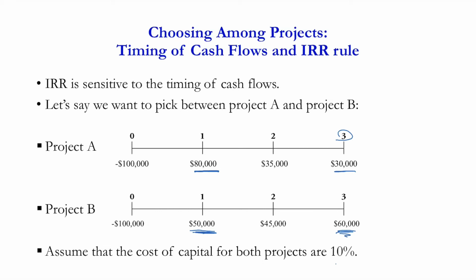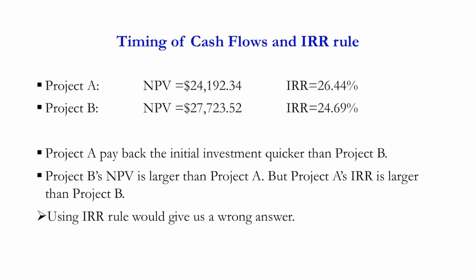To calculate NPV, I will assume that the cost of capital for both of these projects is 10%. For project A, NPV is $24,192, but for project B, NPV is $27,723, which is bigger than project A.